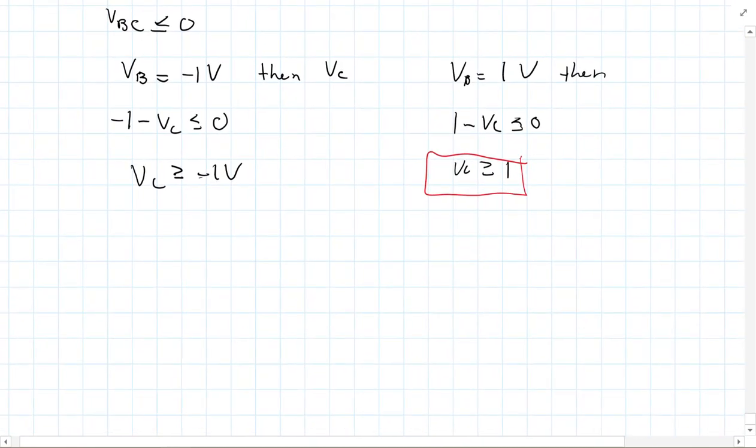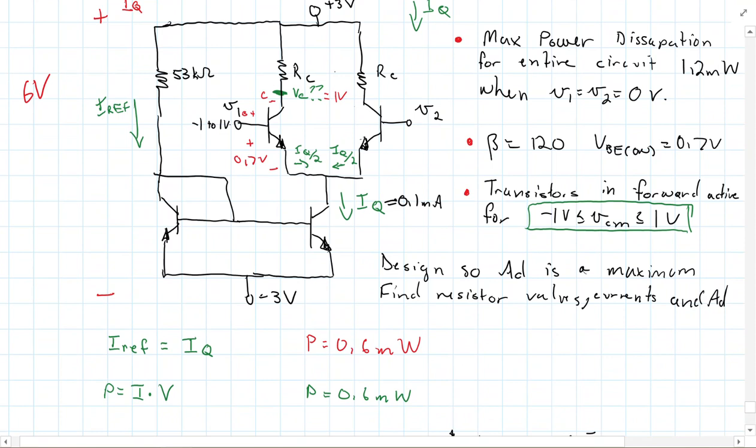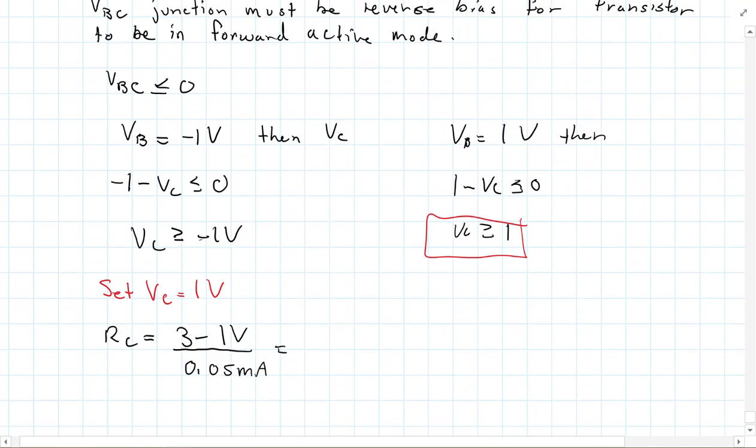So if we make that one here, so we set VC equals 1 volt, and then simply, well, RC is going to be 3 minus 1 volt divided by, well, we've got to be a little bit careful here. It's not going to be 0.1 milliamps, it's going to be 0.05 because the current divides evenly between those two branches in common mode.